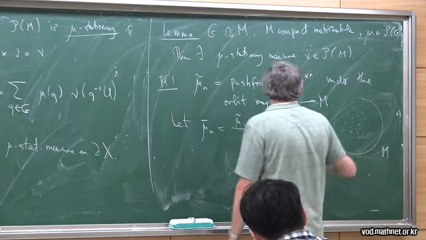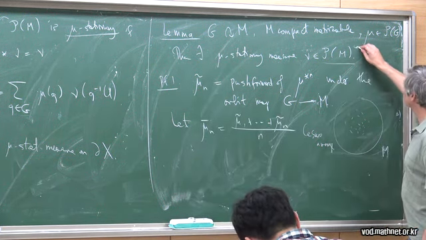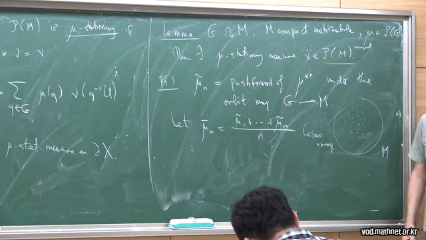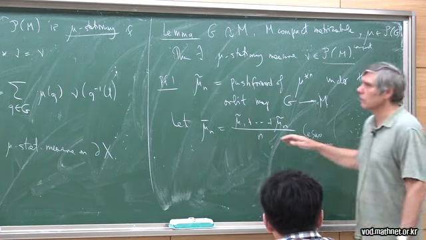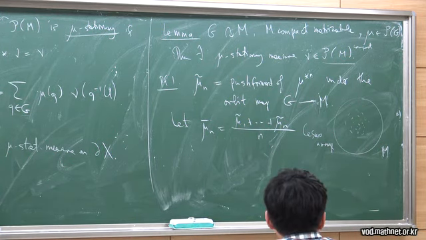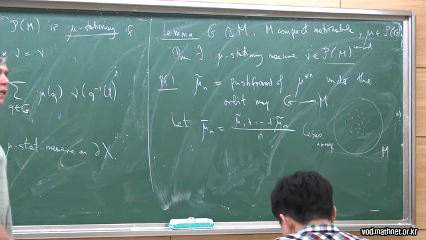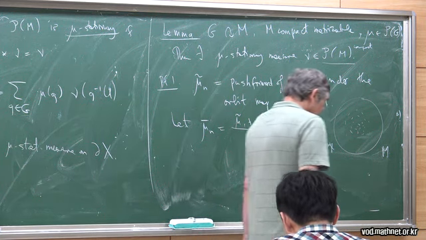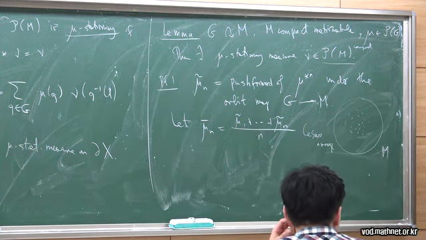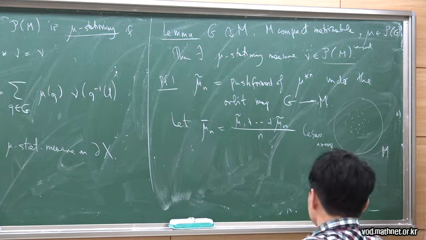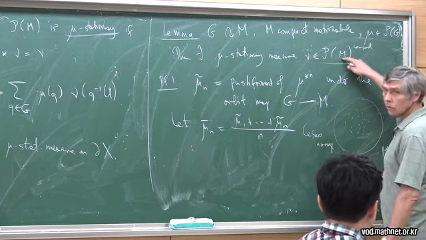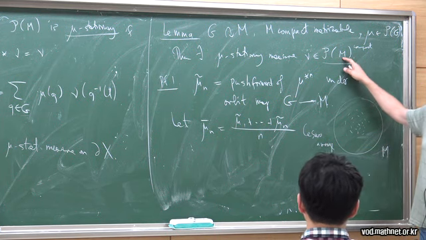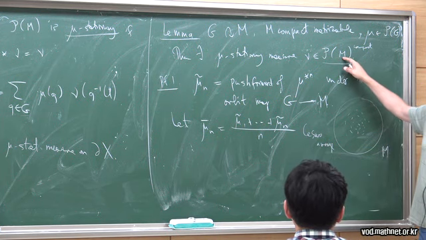Now, this space P of M is compact. There's always an annoying thing to think about in functional analysis, but the space of probability measures on a compact space is compact. A fancy way to say it is that the space of measures is the dual of the space of continuous functions. So I can look at the space of continuous functions on M, which is a Banach space with the sup norm, and then you can take its dual.